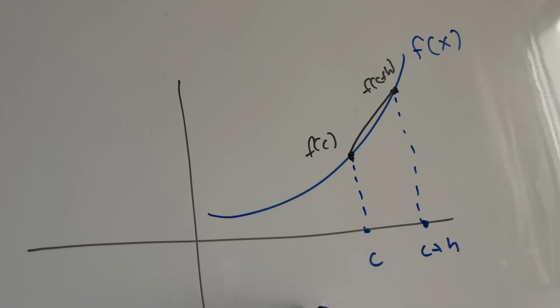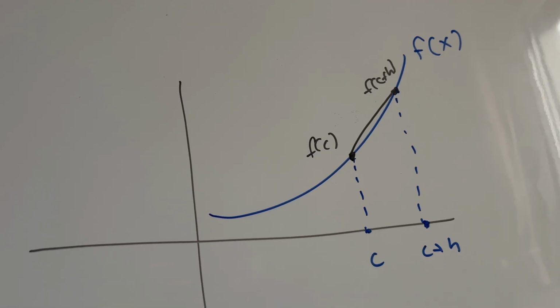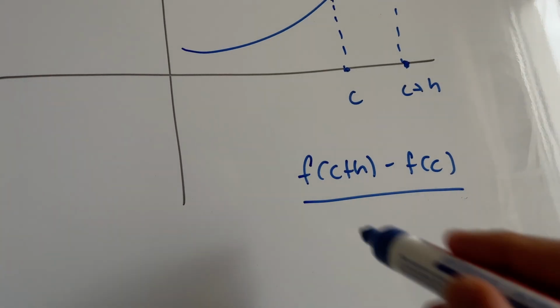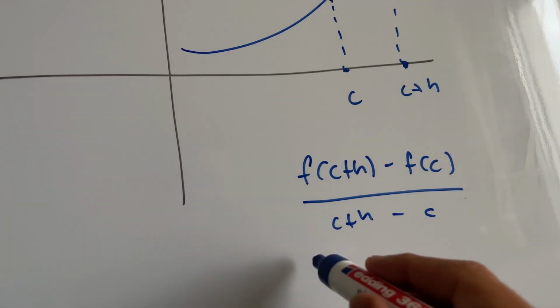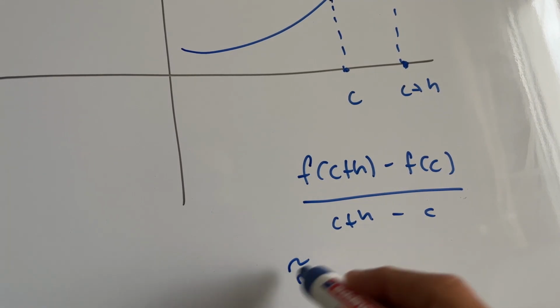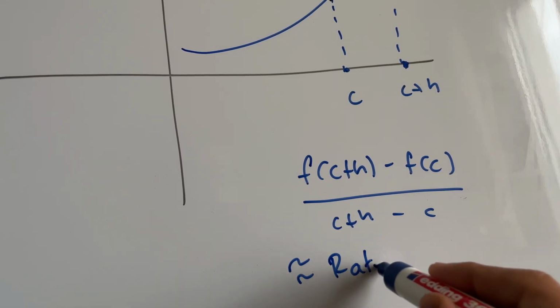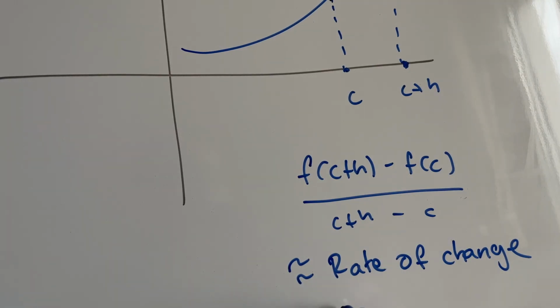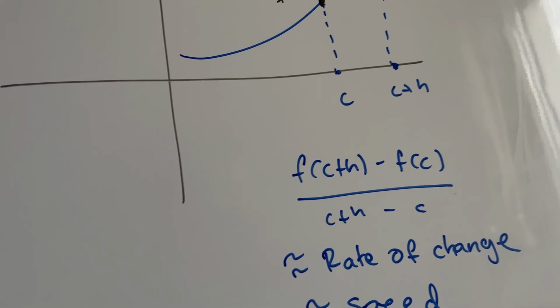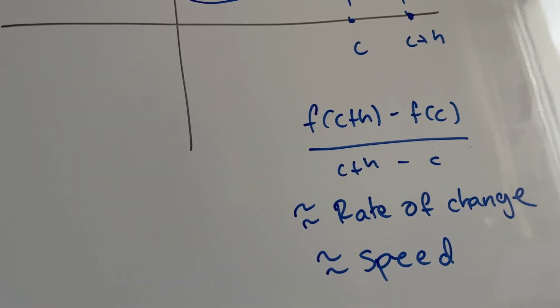That is, f of c plus h minus f of c divided by c plus h minus c gives me an approximation of the rate of change, or the speed, of the function around the point c.